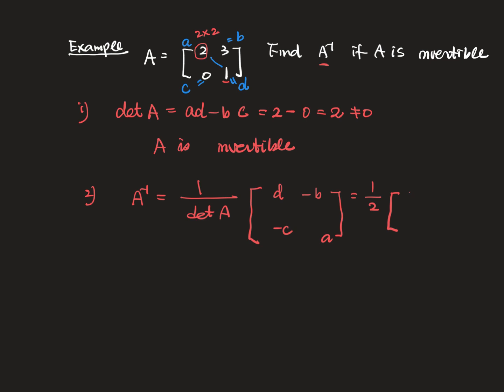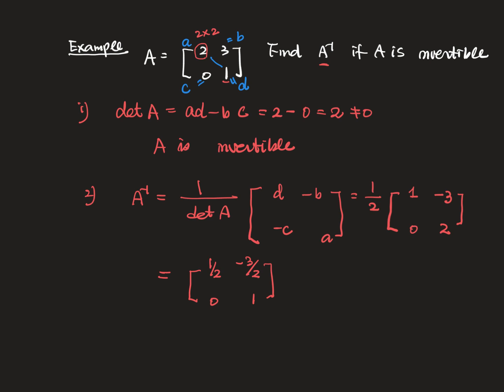The D value is 1, the A value is 2, the B value is 3 so negative 3, and the C value is 0. So that's the inverse matrix of A. Multiplying each entry by one half, that's going to be 1 over 2, negative 3 over 2, 0, 1. That's the inverse matrix, okay?